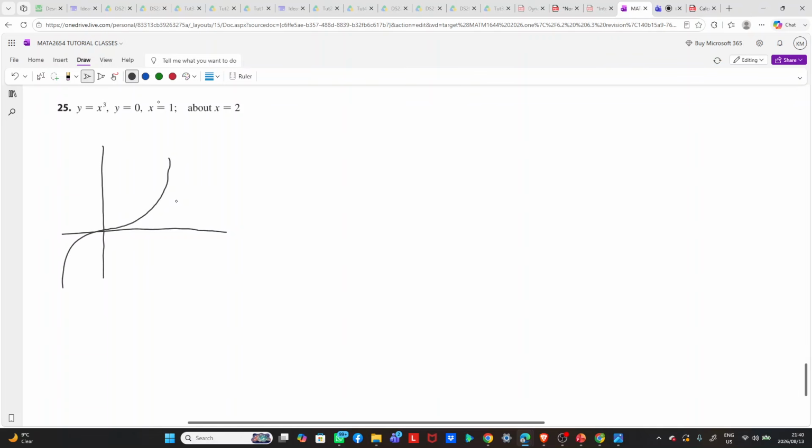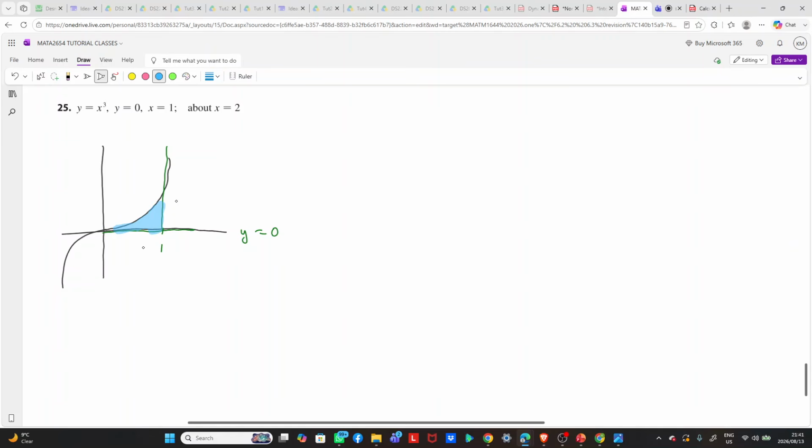This time around, I hope I'll get it right at one go. Then y equals 0. This line is sitting here, exactly on the x-axis. We know this is the line y equals 0, and the line x equals 1. So suppose 1 is there, then we can draw that line. Okay. Then we can see that the region that we are looking at is this one. This is the region bounded.